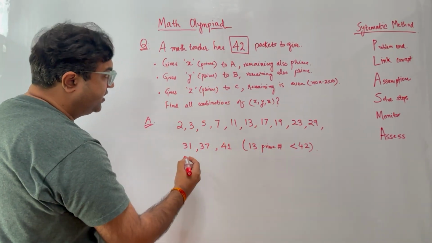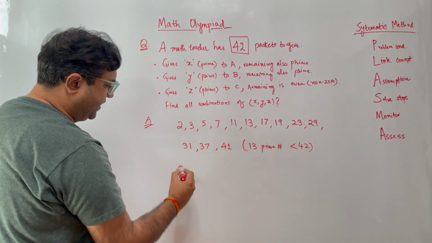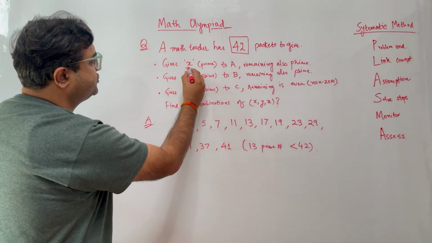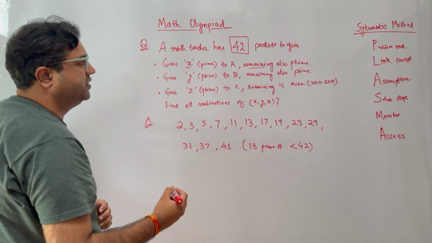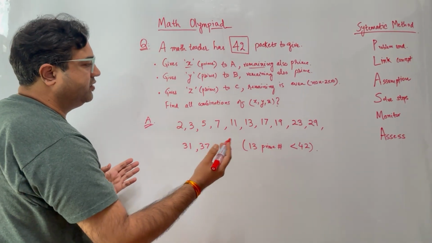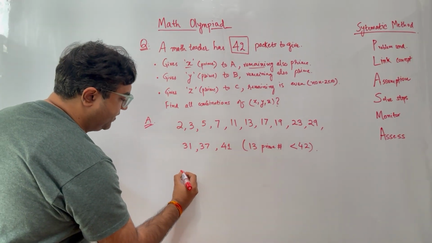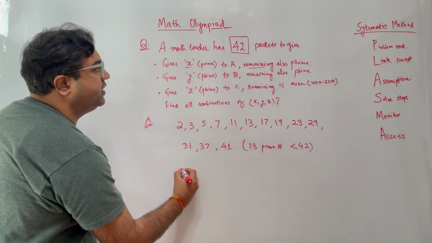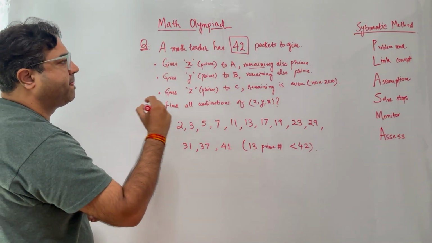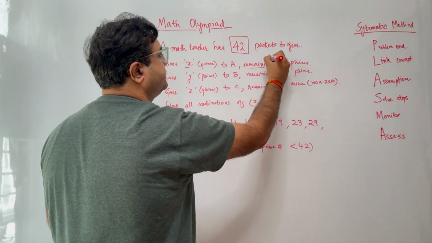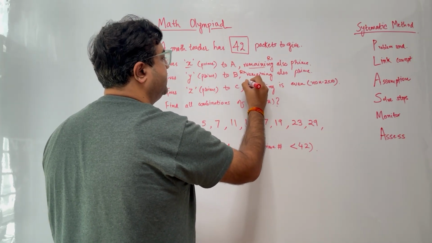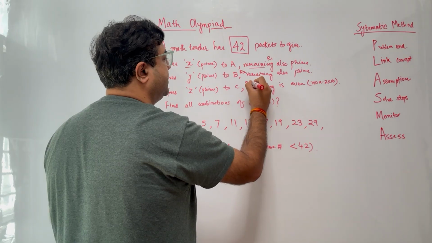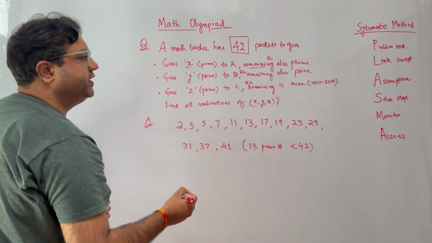Let's try to find all the possible combinations of X and then the remaining packets. Let's call it R1, R2, and R3. Let's see if we really need them.